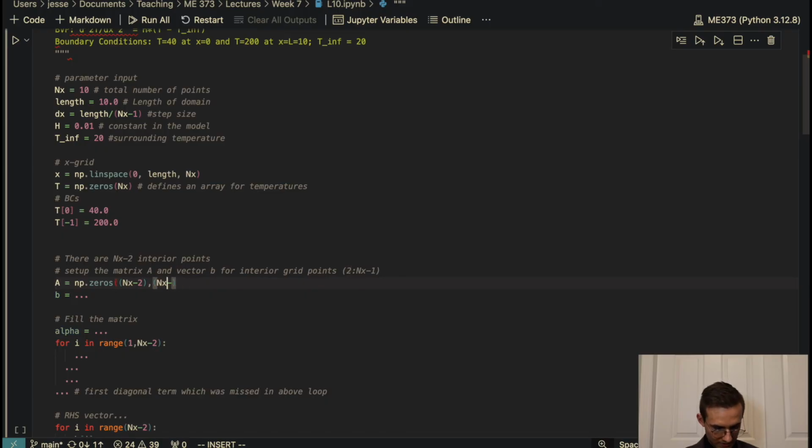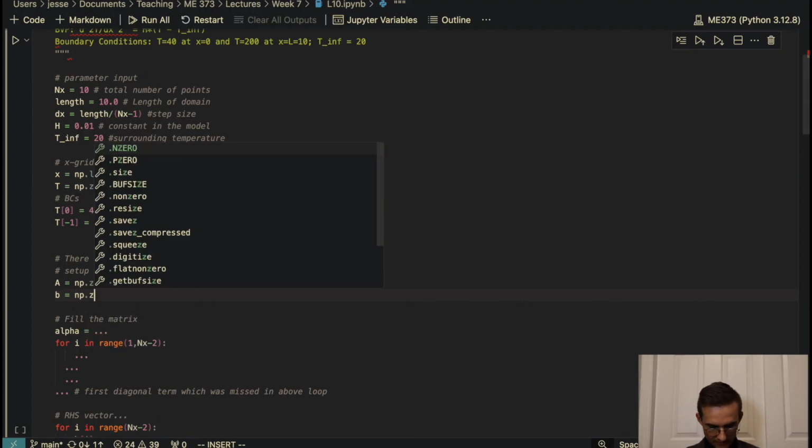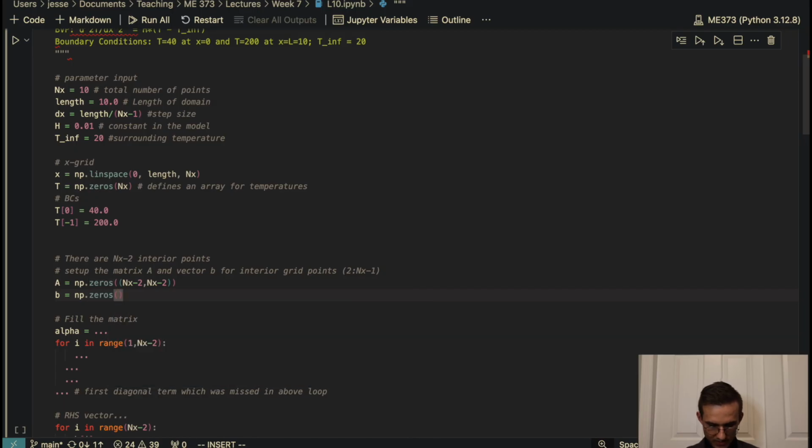Okay, so I don't actually need those parentheses there. I need it like this, and it needs to be nx minus 2. So you feed that tuple, get an nx minus 2 by nx minus 2 matrix, and then of course the right hand side vector b is going to be the same length.